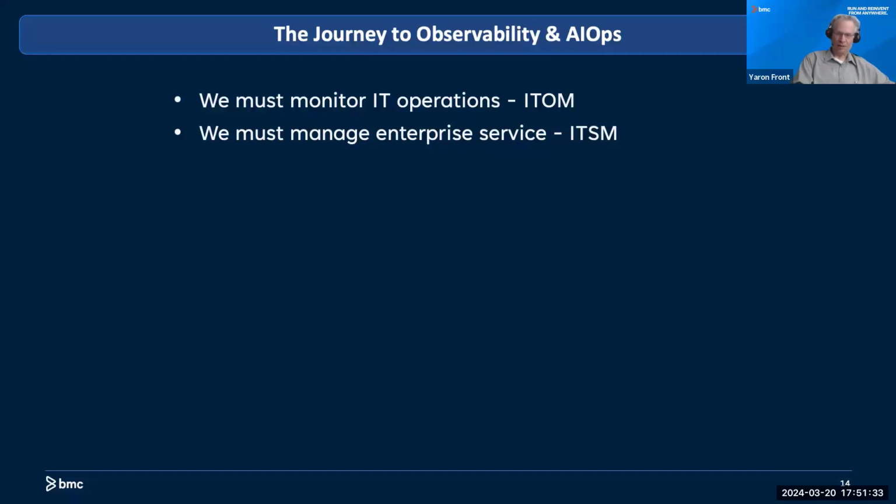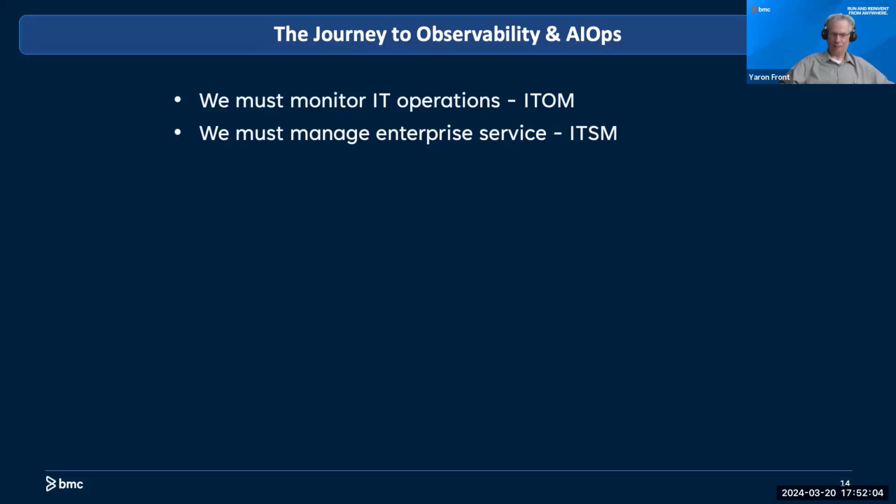So let's talk a little bit about history. This is a little bit about history, but we're also going to dive into actually how things work. The journey started out with realizing that observability and AIOps management are a must for IT monitoring of infrastructure. So two modalities. You want to be able to monitor everything, and you want to be able to manage your IT.